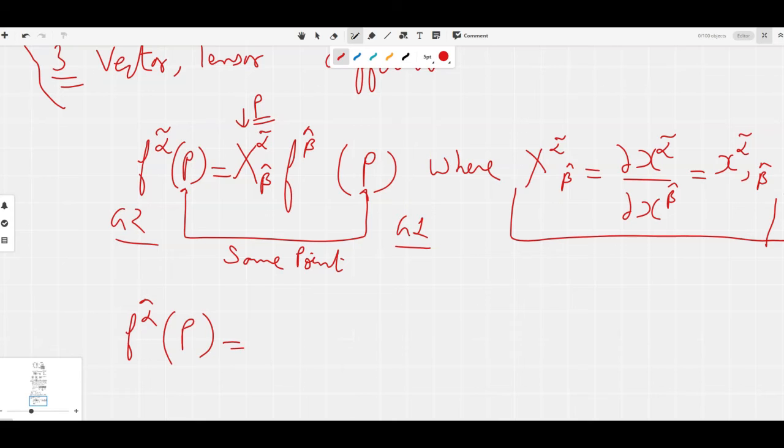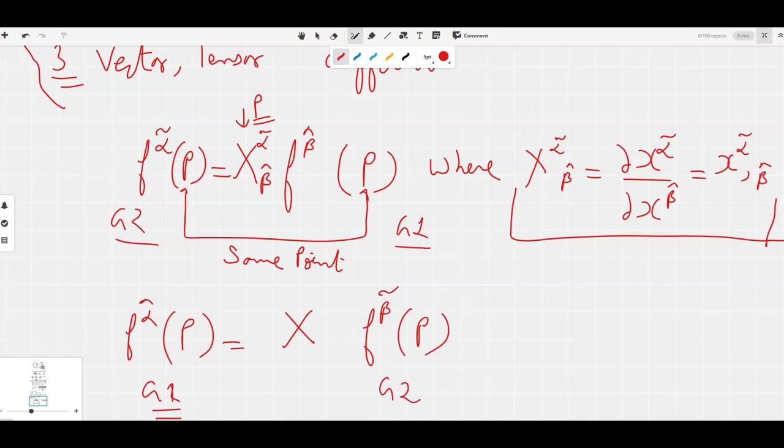Now if I write f alpha caret, I want to take the value of this vector from gauge 2 to gauge 1. So I know the value in gauge 2. If I multiply it by the transformation matrix, I can go from gauge 2 to gauge 1.